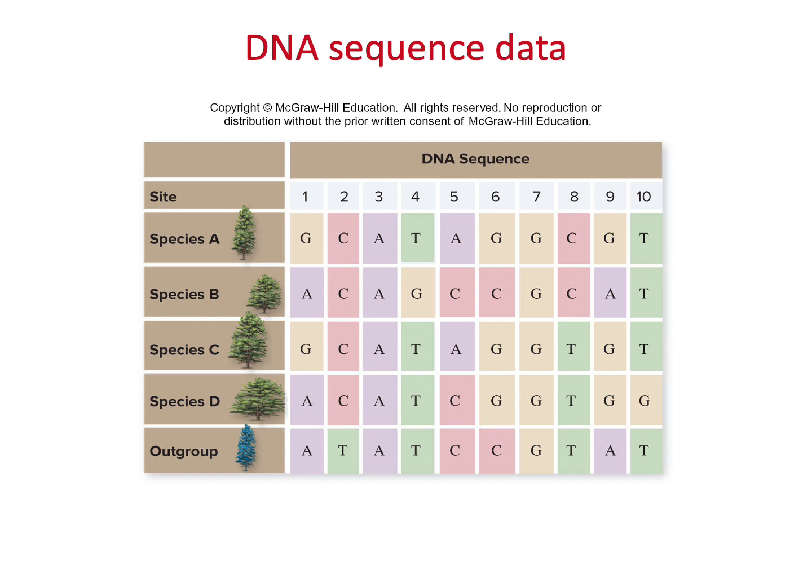For example, if you look at this one, the outgroup has adenine at site A. So species D also has adenine, which is ancestral.